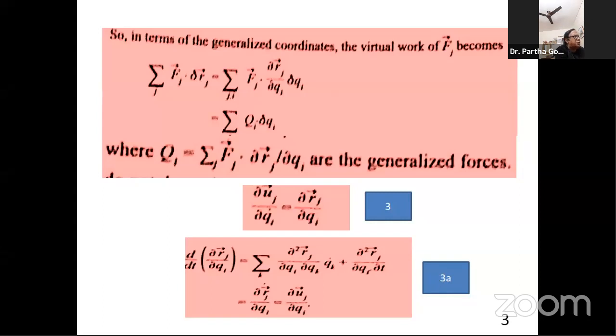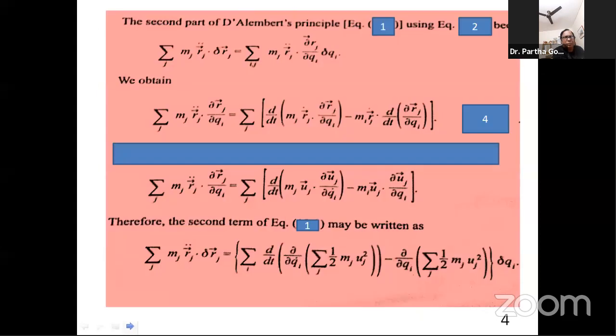Mathematical manipulations. We go to the fourth slide. Okay, here I take the second term of the D'Alembert's principle or law.